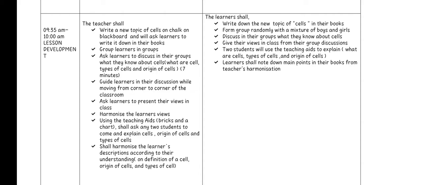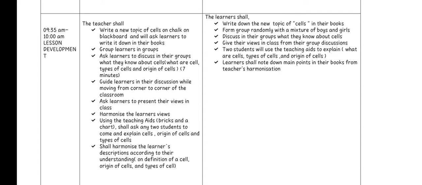Then the teacher will allow two or more students to come and pick the teaching aids which will be assembled in front of the class, to use their knowledge and understanding from the teacher's harmonization to describe what a cell is, where it is found, and how cells originate.